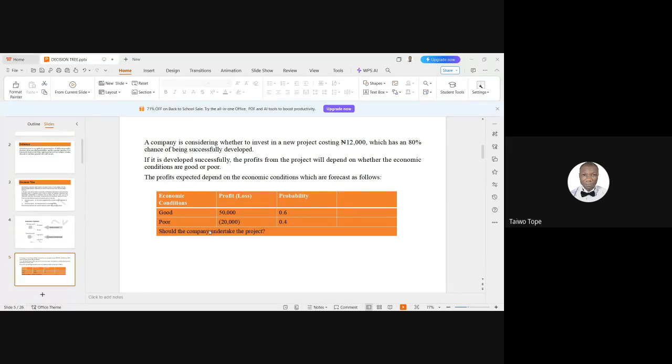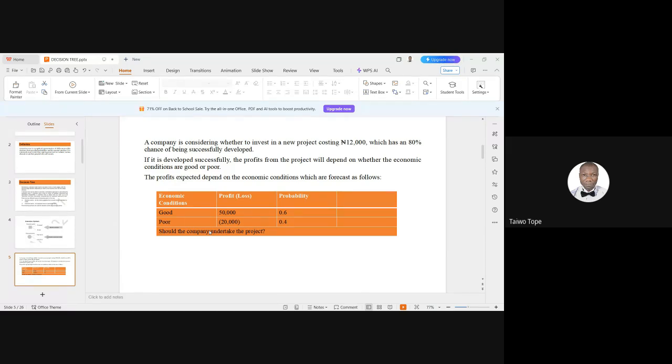The profit from the project will depend on whether the economic conditions are good or poor. So if it is successfully developed, you also have two chances, based on good economic condition and poor economic condition.